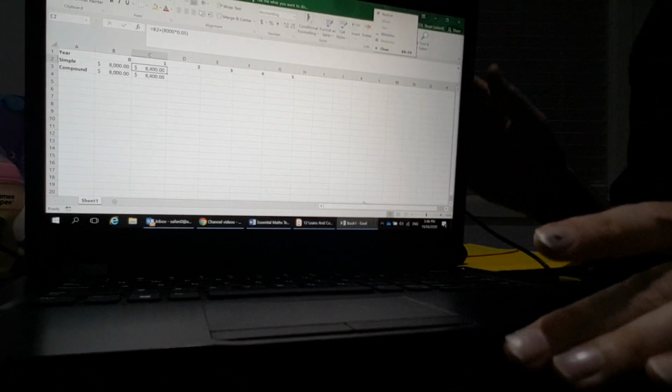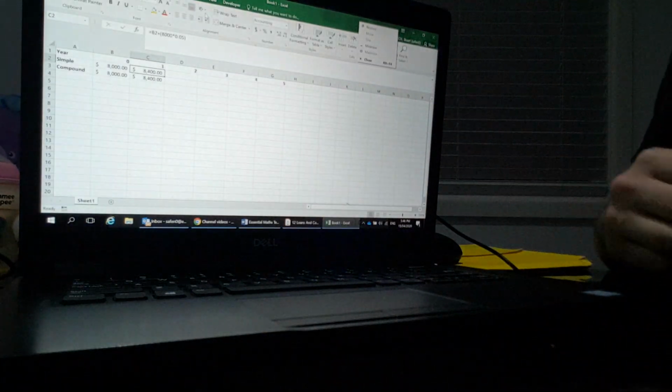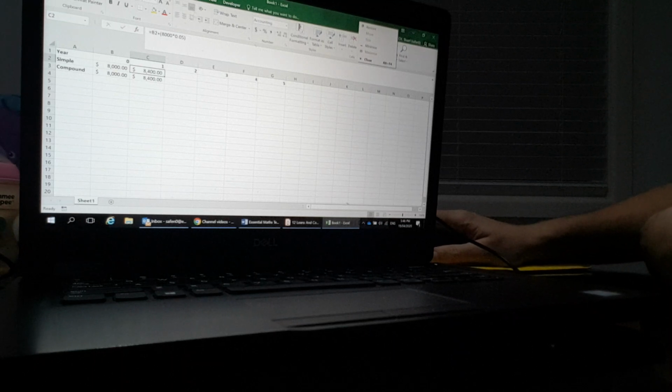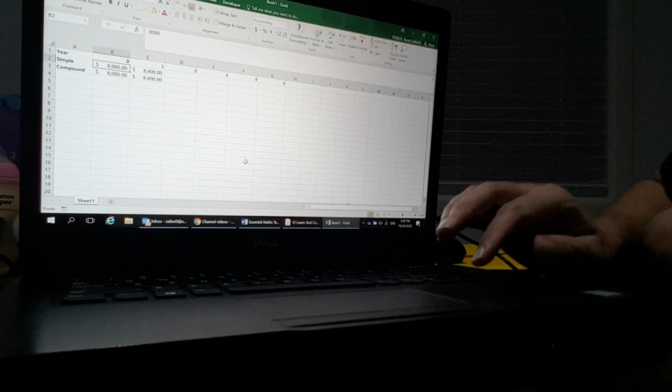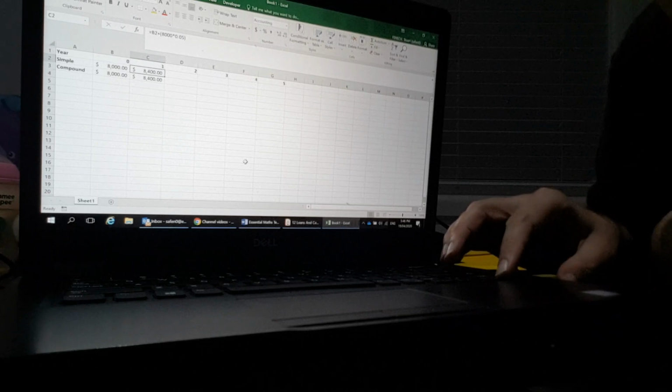All right, so I've got the start of this here, ladies and gentlemen, and it's a similar table to what we had on the board just then. We've started off at 8,000 for both simple and compound interest, and we want to see what it does over the first 5 years.